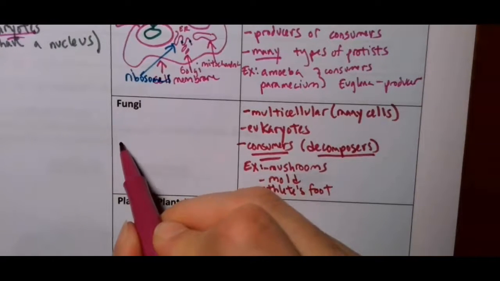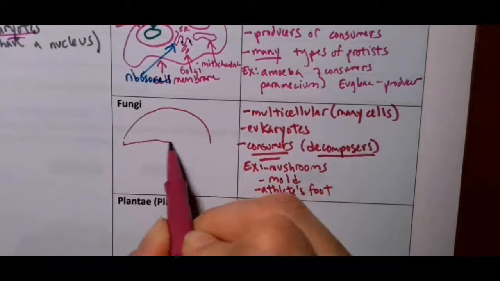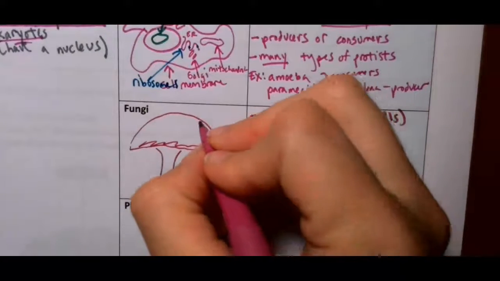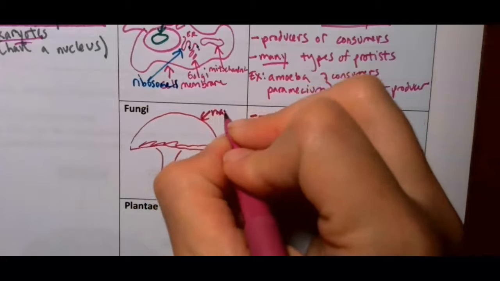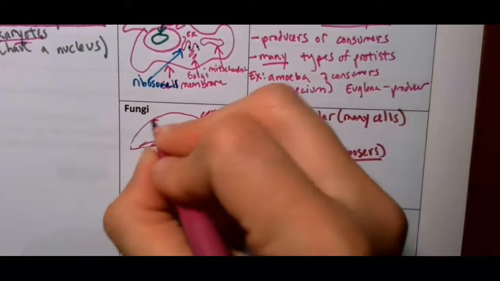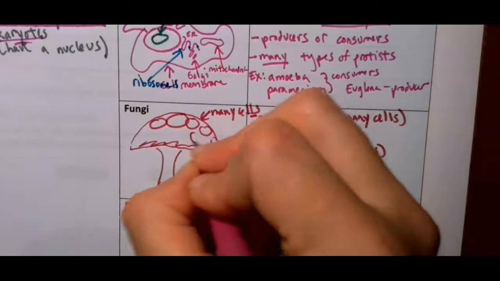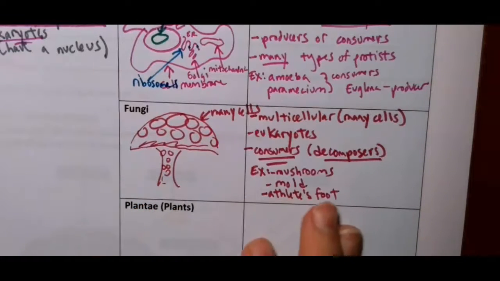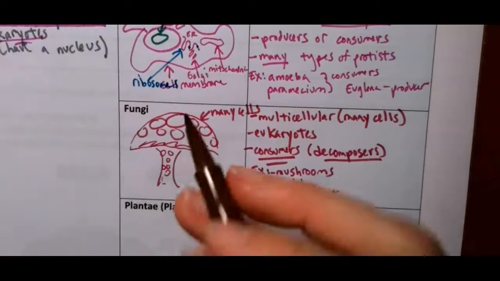So here's an example of our fungi. Okay, it's made up of many cells. It's got a lot of cells in it. All the cells have nucleuses. And the way fungi work is they live on things, like they could live on a dead log.